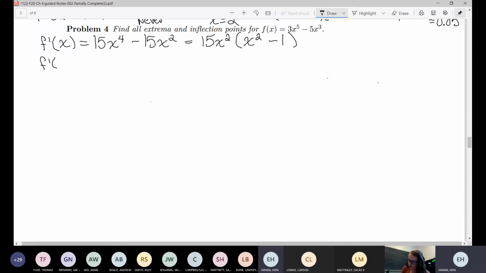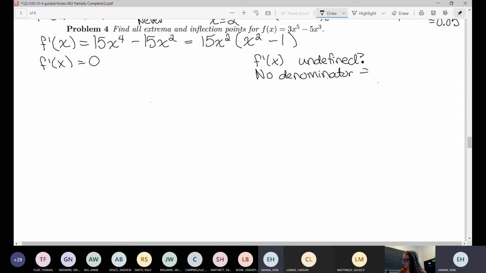Once you find the derivative, you need to set it equal to 0 and determine if it's ever undefined. There's no denominator here, so this is never going to be undefined in that regard. If we want to set it equal to 0, and this is why I suggest factoring out as much as you can, now we have a product of things.